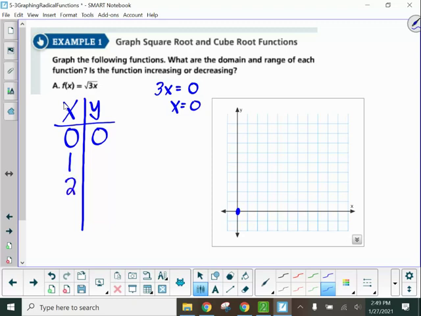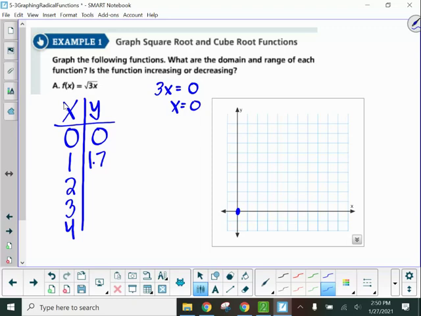For example, if I put in 1 for x, I have the square root of 3 times 1, the square root of 3, which is about 1.7. It's not necessary to put all the decimals, because if you're graphing, especially by hand, 1.7 and 1.73 are going to look like the same thing.